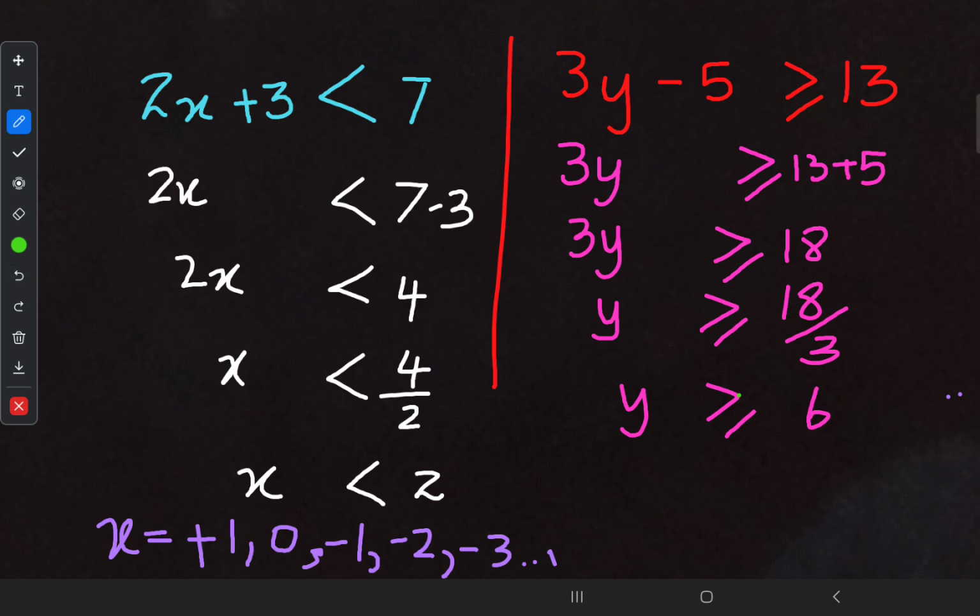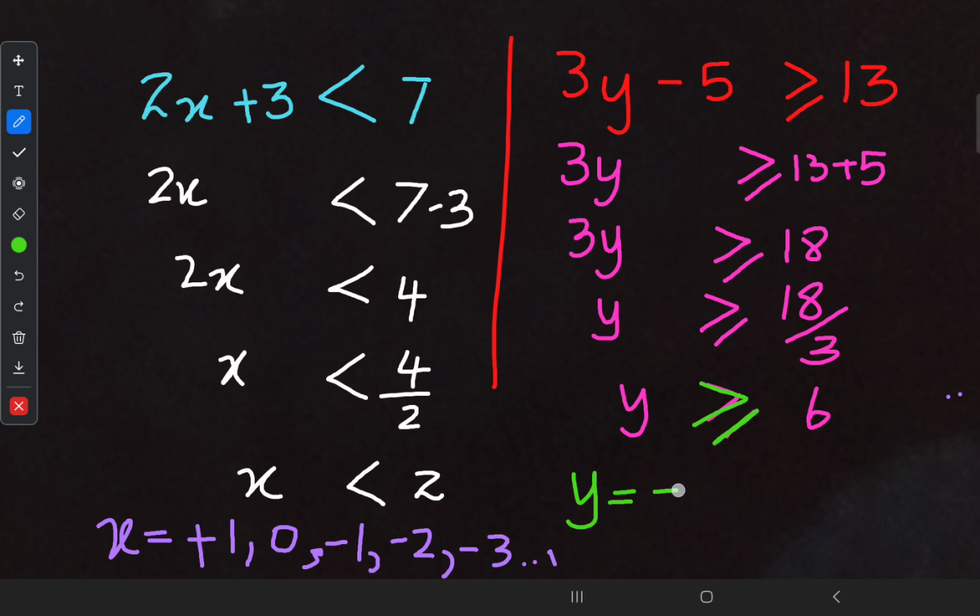By looking at that, we can interpret the data and understand that y can hold the values greater than 6. And here you have to think about one more thing. There is an equals mark also: greater than or equal. Equal is also indicated here.